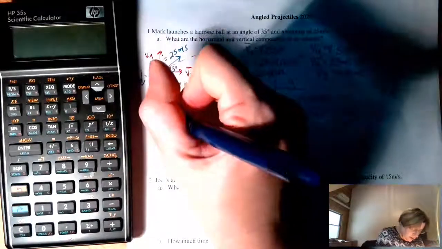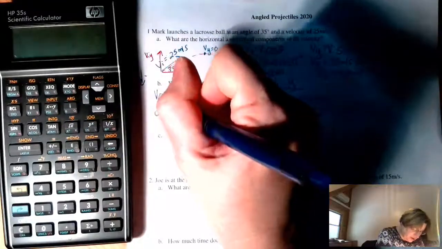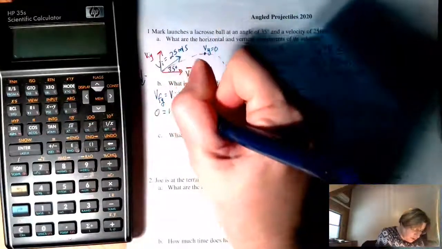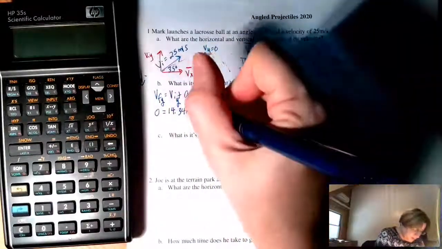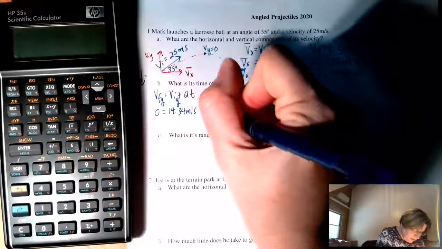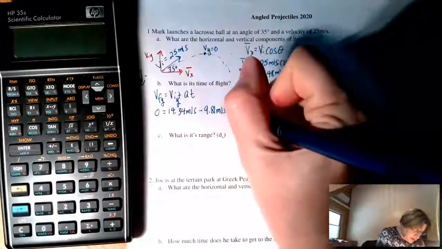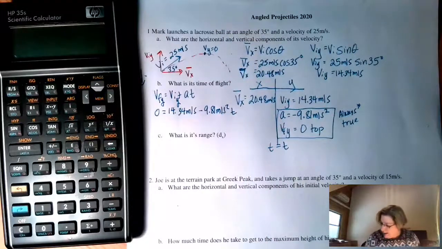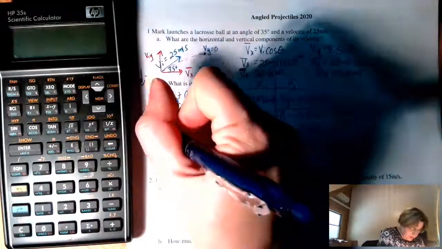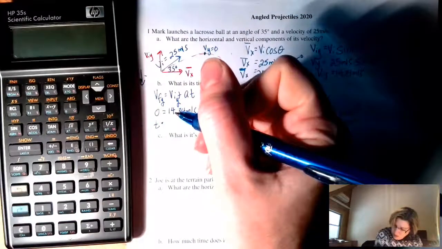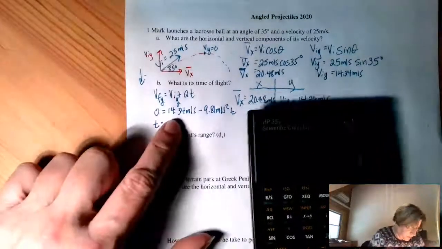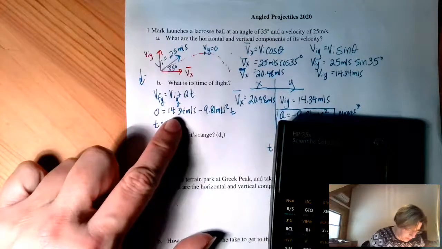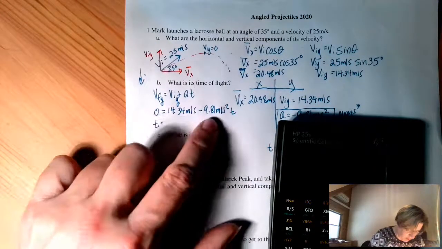Okay, let's go ahead and substitute in. 0 equals, the initial velocity is 14.34. Notice I am not putting this diagonal one in. Diagonals don't go in any formulas. Plus a negative 9.81 times T. All right. Now I can do my algebra. And if I do that, I find that T equals 14.34 divided by 9.81.